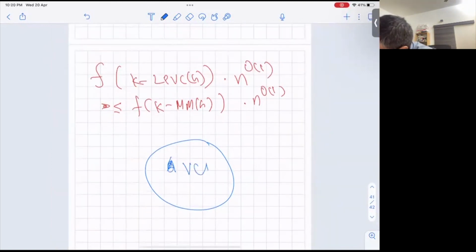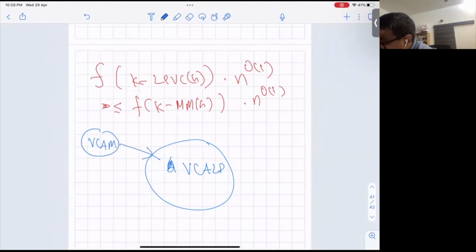Vertex cover above LP, and there was vertex cover above matching. An algorithm for this implies an algorithm for this, right? And an algorithm for this implies an algorithm for odd cycle transversal.